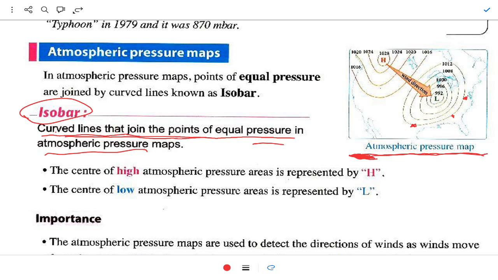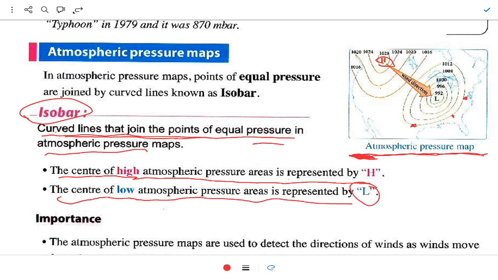The center of high atmospheric pressure areas is represented by high, like H. And the center of low atmospheric pressure areas is represented by low, L. And what is the importance? These maps will show you the wind direction. The wind moves from high pressure, like this point, to low pressure, like this point.